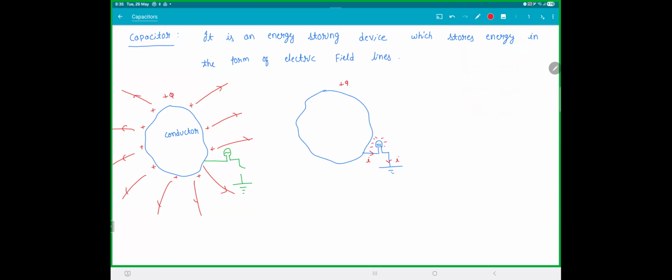At the same time, you will notice the charge on the conductor is decreasing and the field lines are also decreasing. Eventually, you will notice this whole conductor becomes neutral. There'll be no field lines and the bulb will stop glowing.